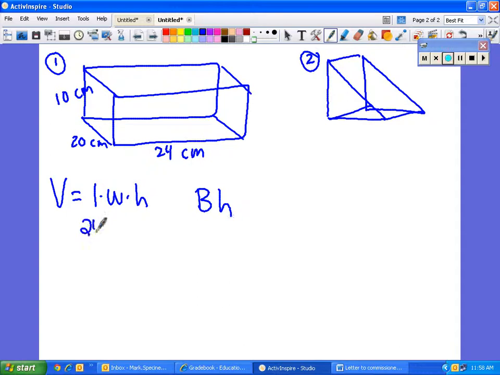But for accuracy's sake, I'm going to put them in order. Area of the base is 24 times 20 times the height. Well, 24 times 20 times 10. Just plug those into your calculator. You get 4,800.